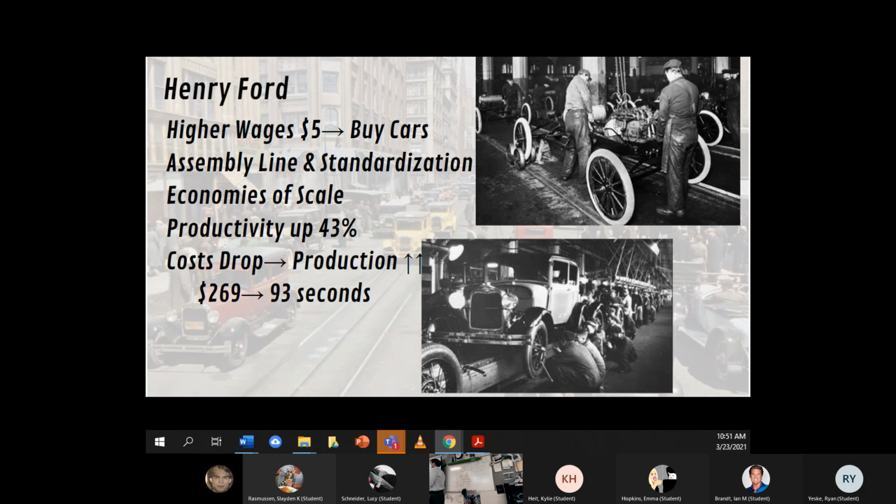By the end of the decade, Ford was putting out a car every 93 seconds. And he could charge only $269 a car. That means regular working people could afford to buy this. That's about $12,000 in today's dollars, but once again, it's a lot different, so you can't really just do a direct one-to-one ratio.